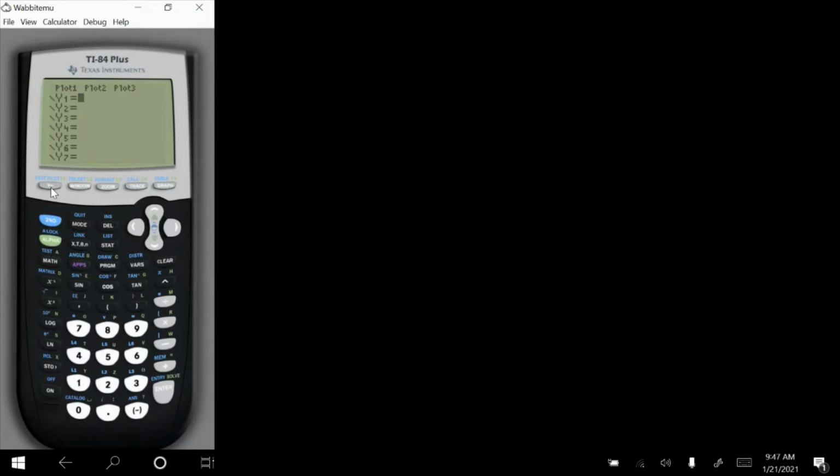Okay, so that takes you to the menu that is pictured on the first page of the notes. And you can see there are lots of different equations that could be typed in simultaneously. The more expressions that you enter for these y subscripts, the more graphs you'd be seeing in your coordinate plane. The most that we use in this course is just y1 and y2, just a heads up.